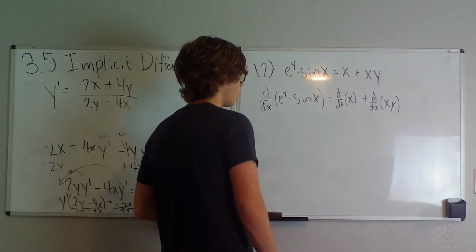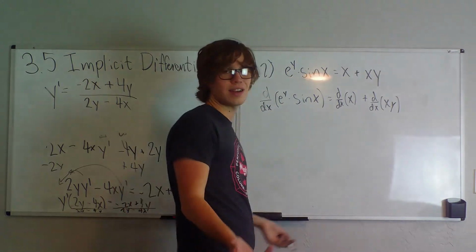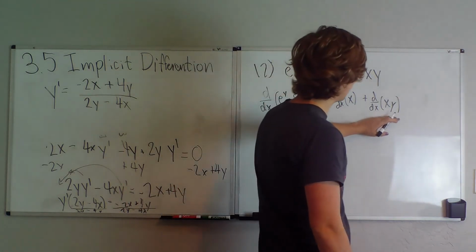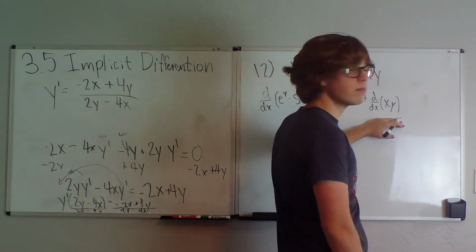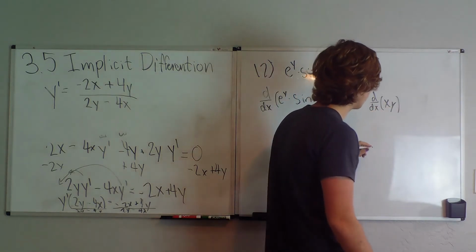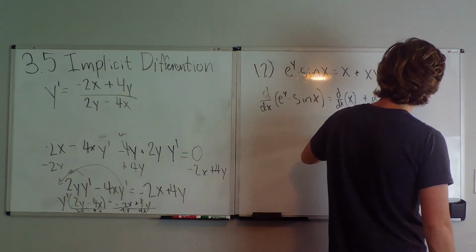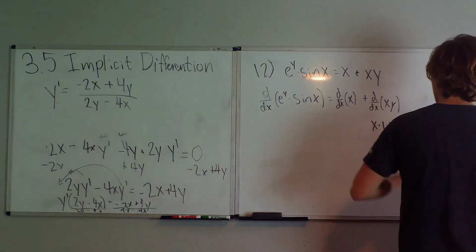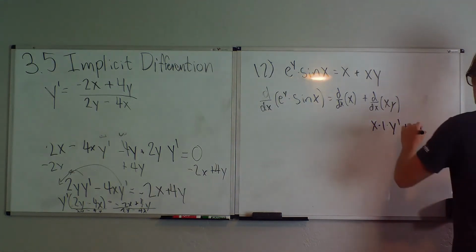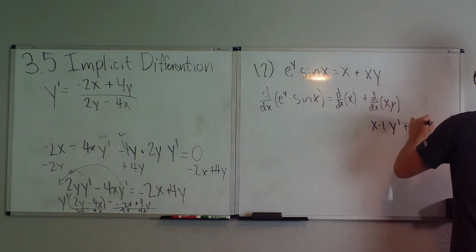Okay, well, where do we start? I want to start on this side. This side's quicker. We're going to do the derivative of x times y. Well, it's product rule, so first d last. So it's going to be x times 1 times y prime plus last d first, y times 1.